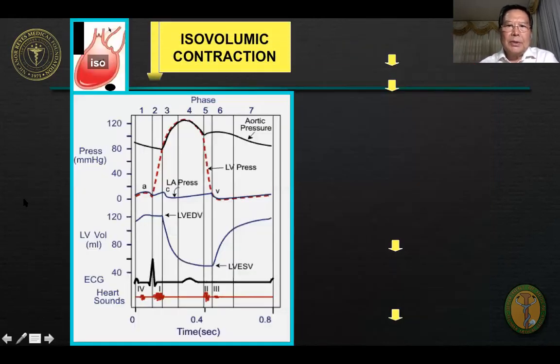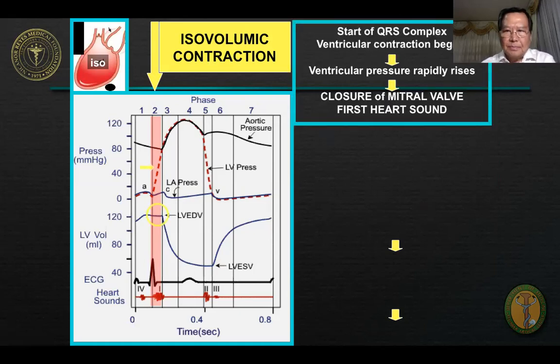So during the isovolumic contraction, as illustrated in this red shaded portion, involves the start of the QRS complex. On the electrocardiogram here, these are your QRS, okay? And that is the start of ventricular contraction.